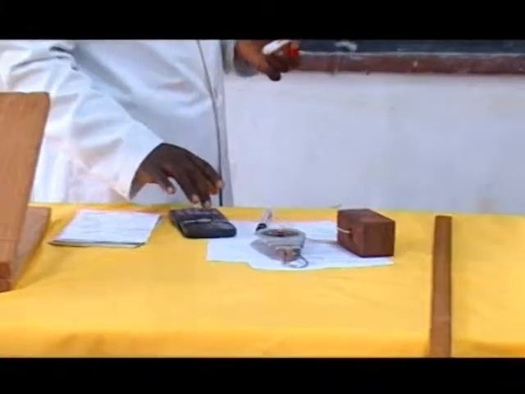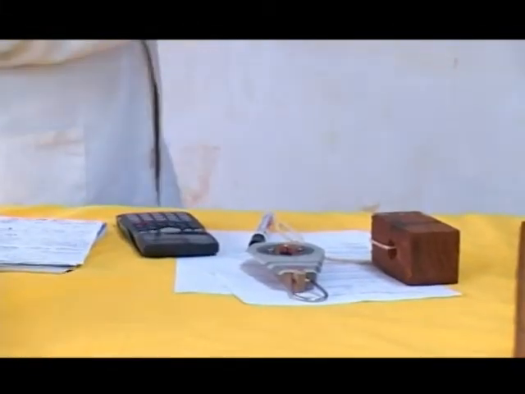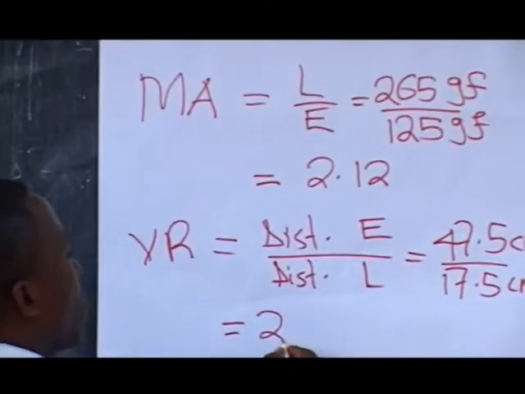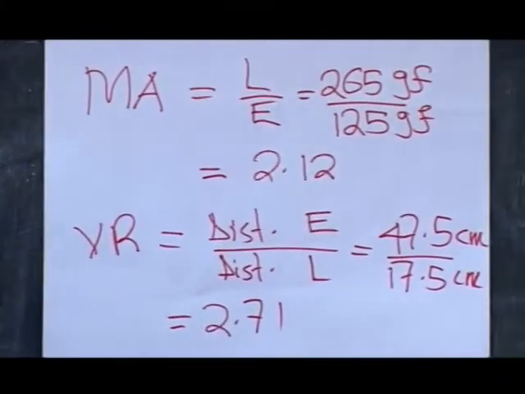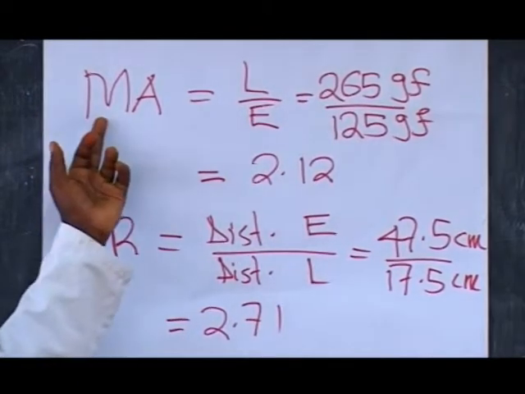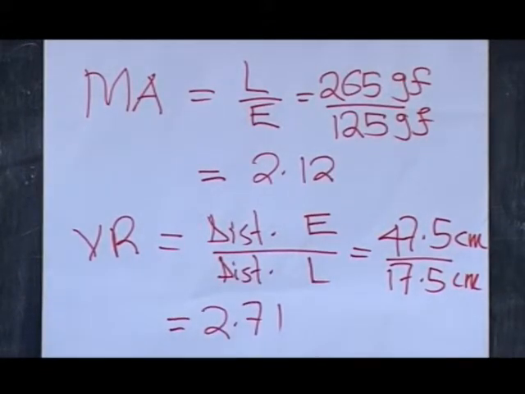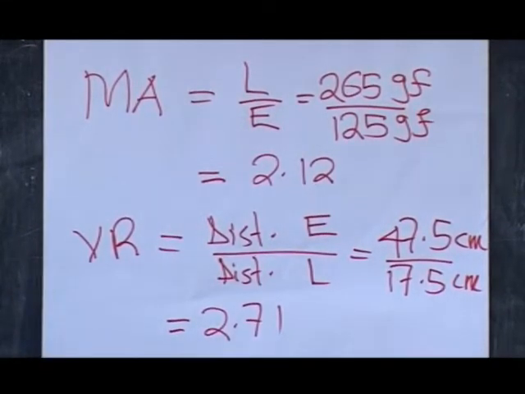This ratio will give you 2.71. So we have mechanical advantage as 2.12 and velocity ratio as 2.71.